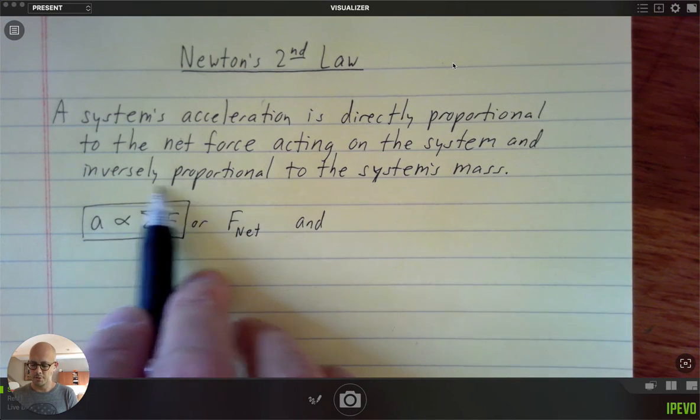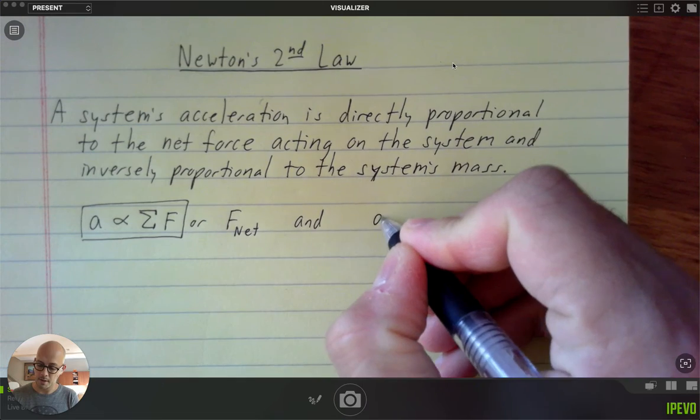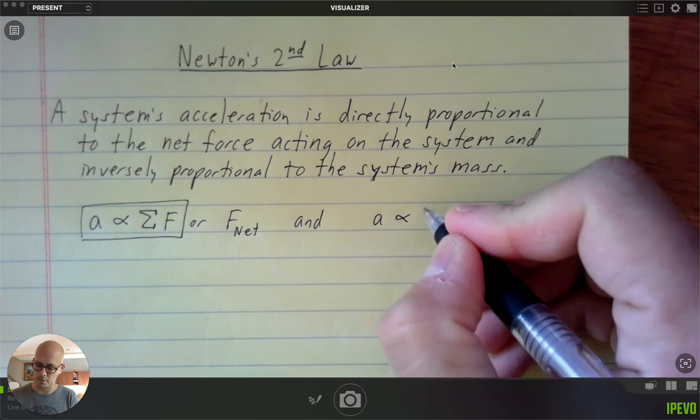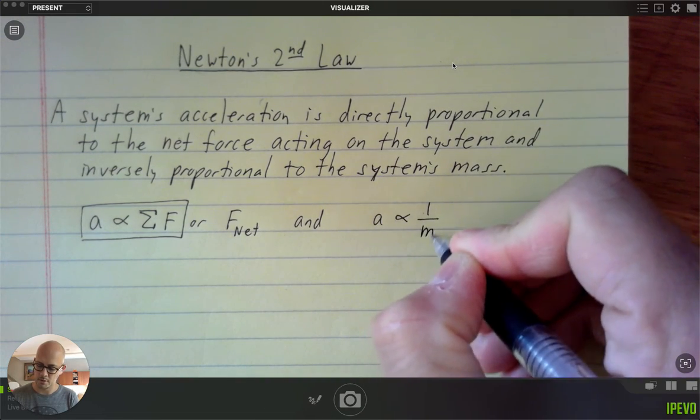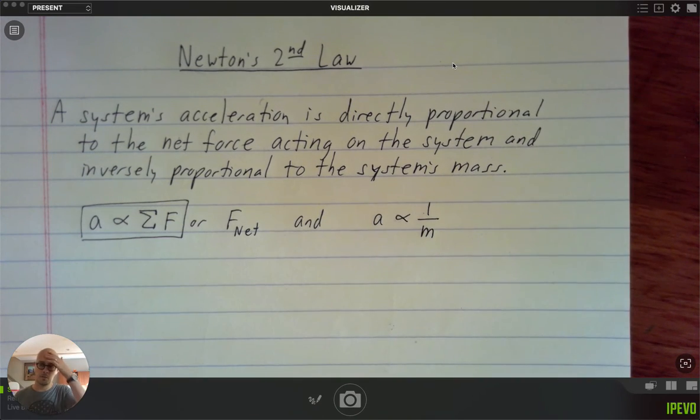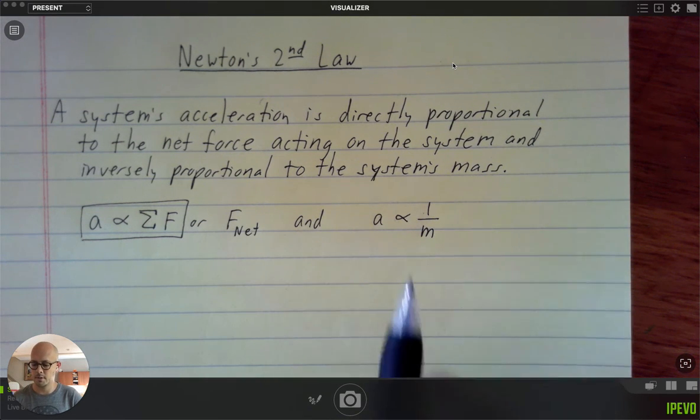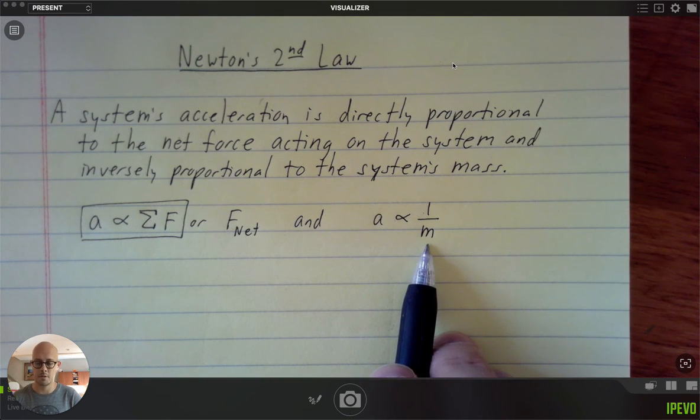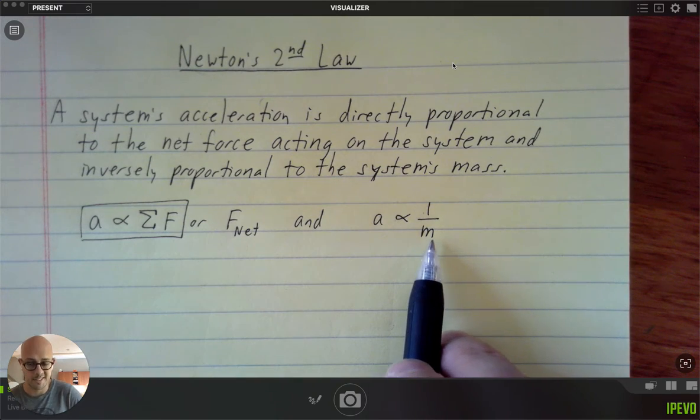And then it says it's also inversely proportional to the system's mass. So acceleration is proportional to the inverse of the system's mass. Remember that a system can either be a single object or a collection of objects. And so the mass of the system depends on how many objects there are and what the mass of each object is.